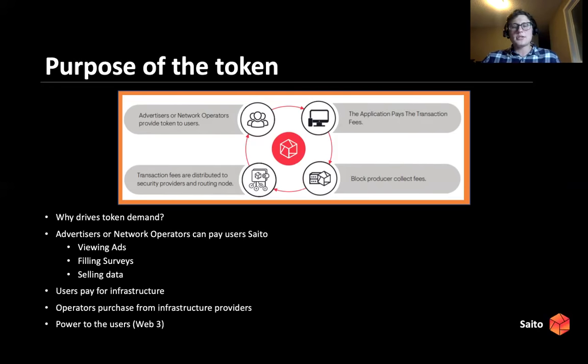So advertisers or network operators could actually pay users Saito in order to do things such as view advertisements, or maybe fill surveys for them, or even just sell some of their personal information, right?